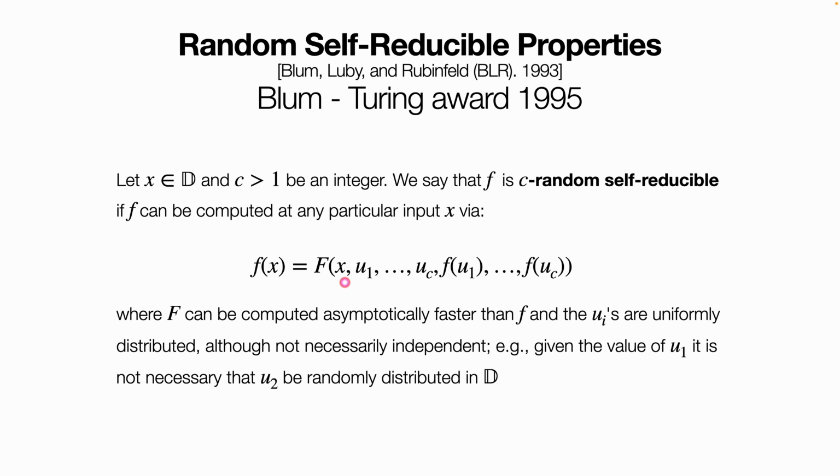The randomized reduction is to calculate f of x through a function F, which takes x and its query functions. Also, F, uppercase F, should be computed asymptotically faster than f, and the u_i's are uniformly distributed, although not necessarily independent.